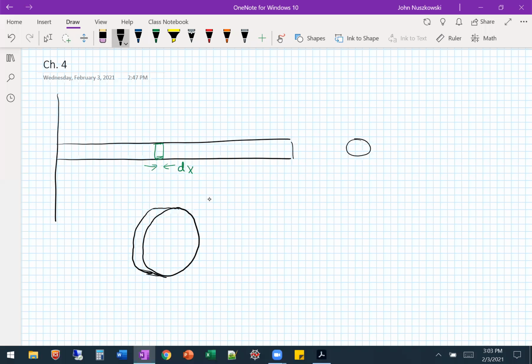So then we have this section. It's got a thickness of dx, right? This area right here is the cross-sectional area.